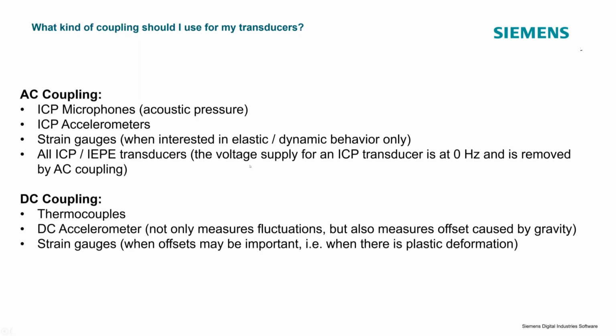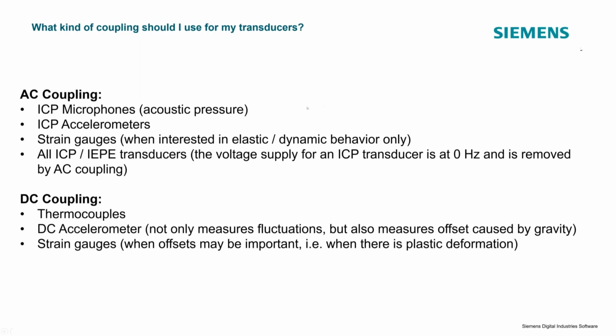And actually, the voltage supply to those ICP transducers to power them is at that 0 hertz, and we remove that by AC coupling them. So on the front end, on the input mode, if you have an ICP accelerometer or microphone, for example, you need to select ICP. It is AC coupled, but you need to select ICP because then we're telling the front end to send power to that transducer so that it works.